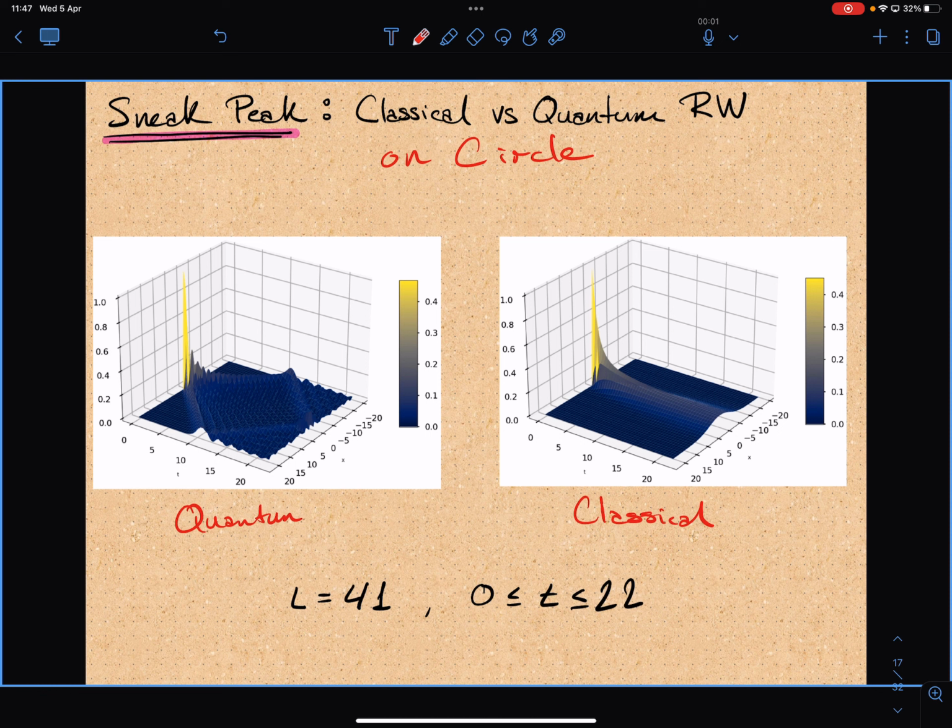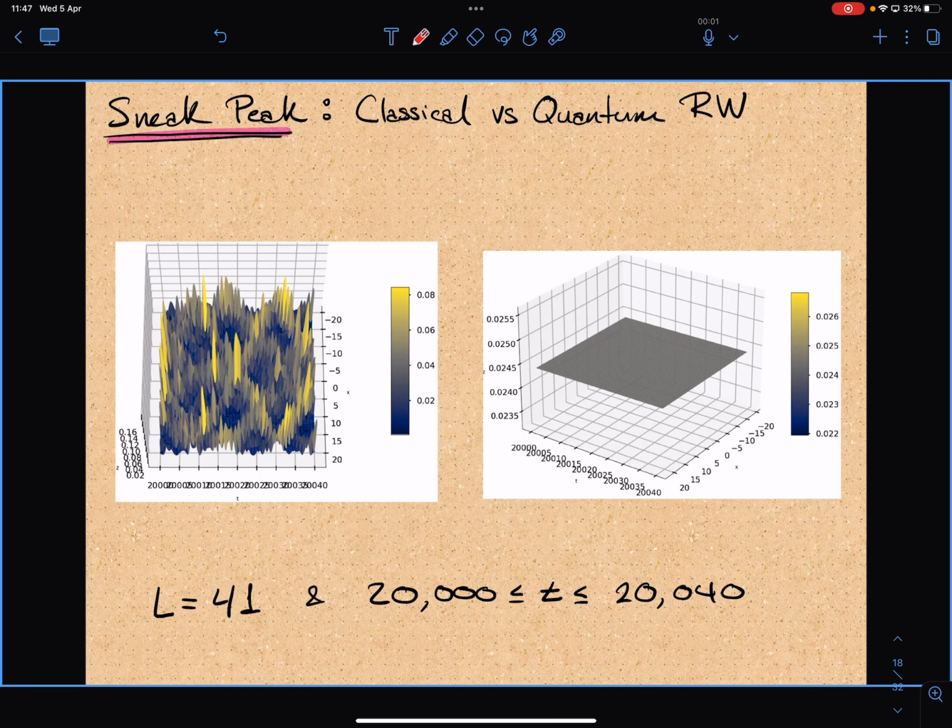And what's going to happen for the quantum case? Same? You expect uniform? So this is for time 20,000 and 20,040. So you also have fluctuations. The fluctuations stay even at infinite time.